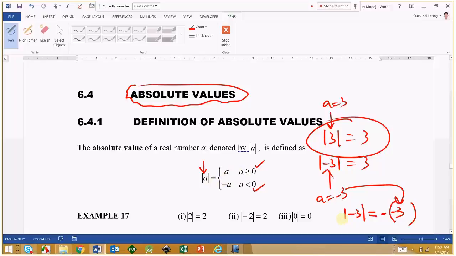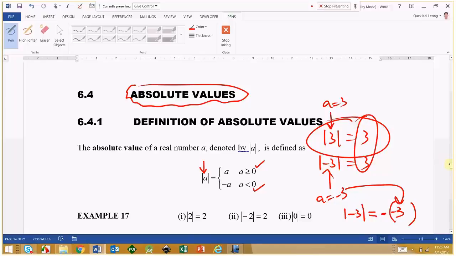So anyway, this is the definition of the absolute value. In short, anything after the absolute will be positive. Absolute of a positive 3, if you remove the absolute sign, will be positive 3. Absolute of -3, if you remove the absolute, will still be positive 3. The negative is gone, so the result is always positive. This is one important property of absolute values.